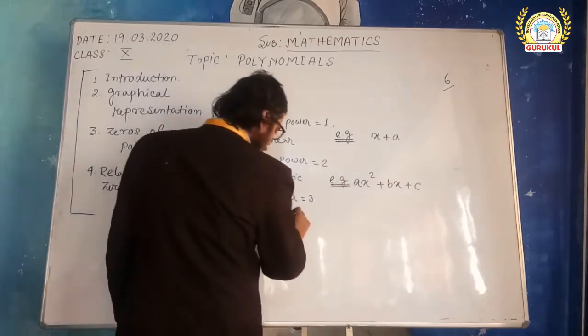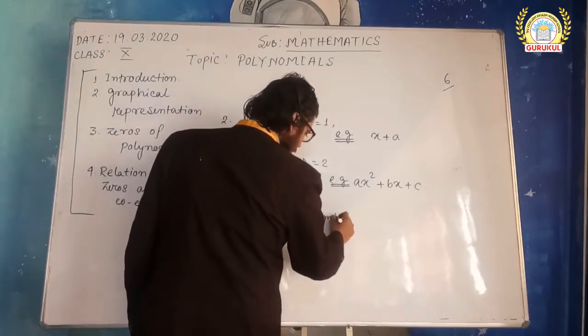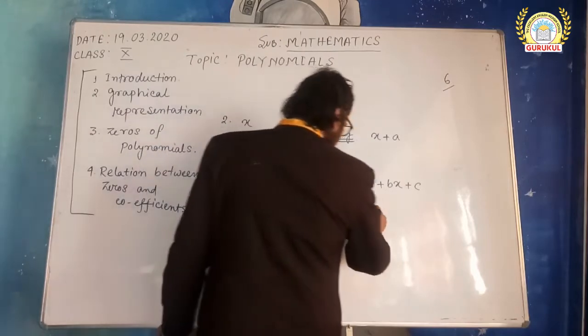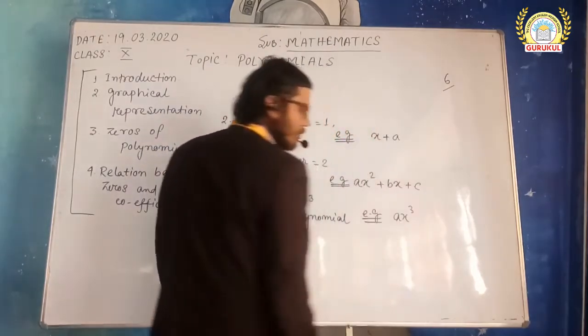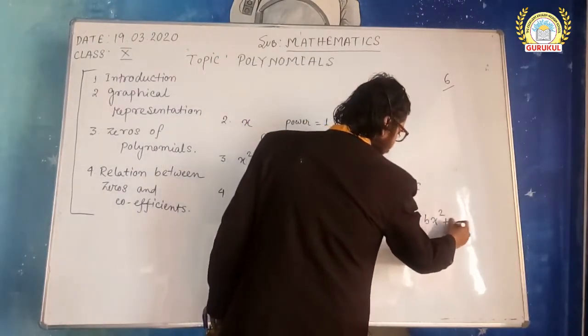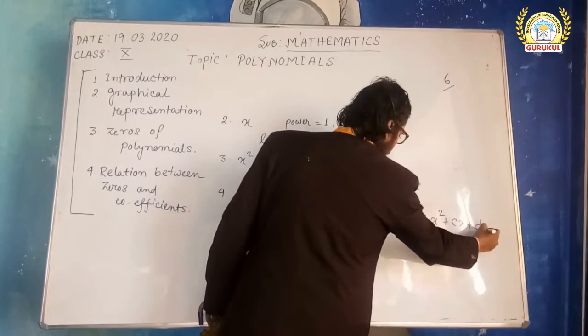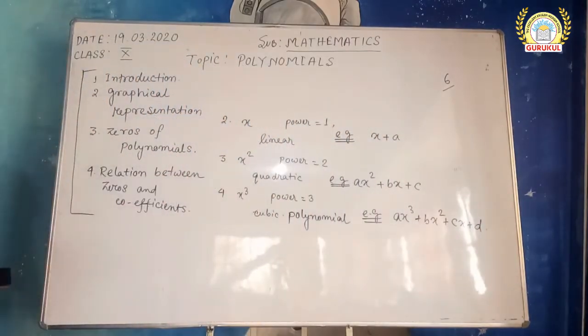Now in case of cubic polynomial, for example, what I can write: the highest power x cube, bx square, cx plus d. So this type of example you can take, and this type of classifications are there.